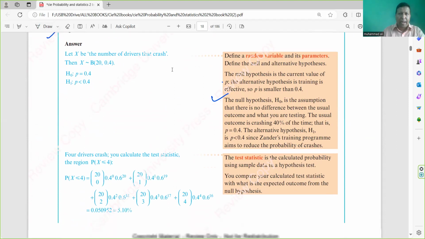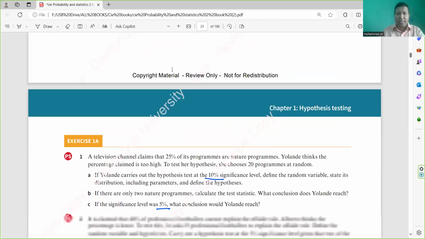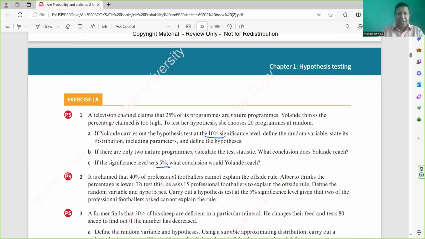Here the percentage is 25%, that means P is 0.25. And as Yaldini thinks the percentage claimed is too high, she is saying it is less. So the alternative hypothesis is P less than 0.25.